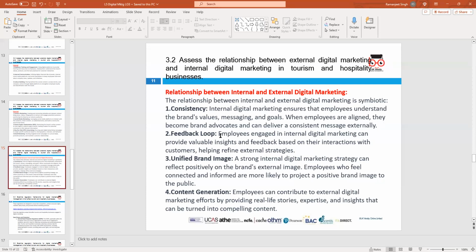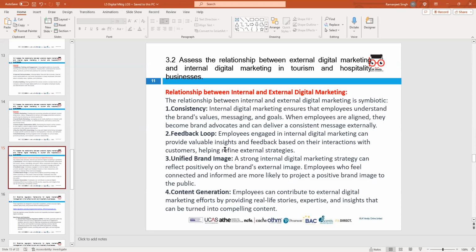They should provide valuable insight to the company and give valuable feedback to customers. When customers interact with the internal organization, the people working there help the customers in the right ways, making sure they get good interaction, and it will help feedback. It builds a relationship between internal employees and external customers. So you can use different external strategies to promote the business and so on.